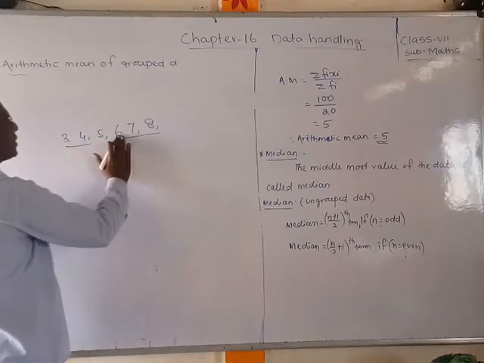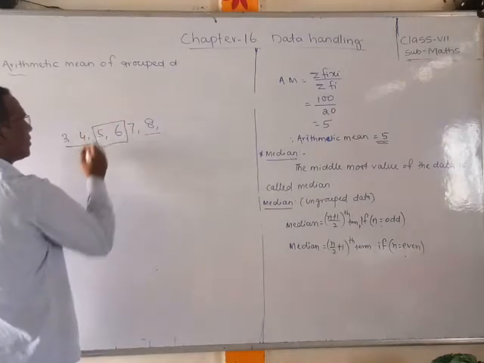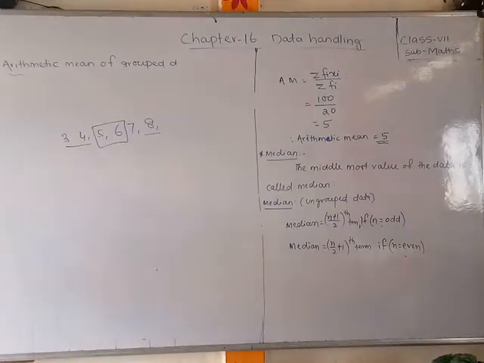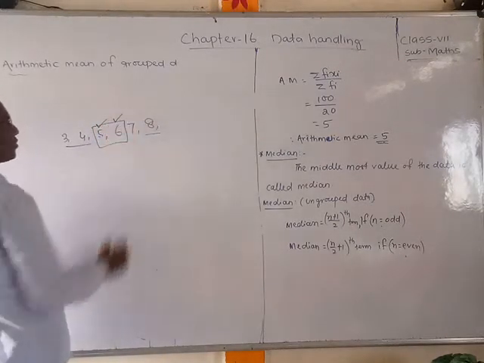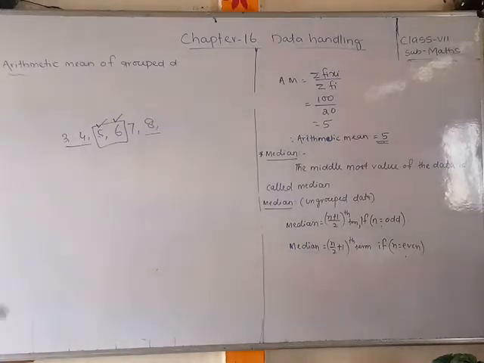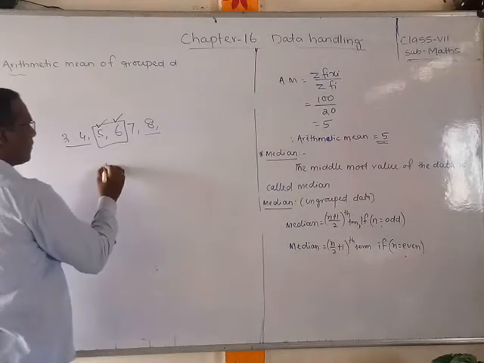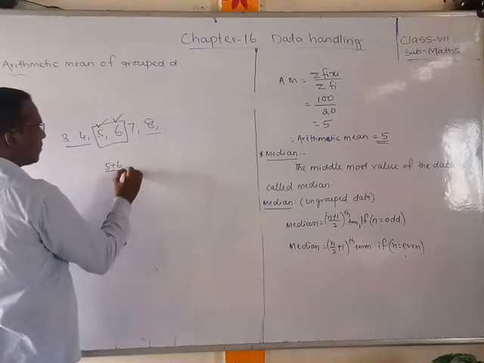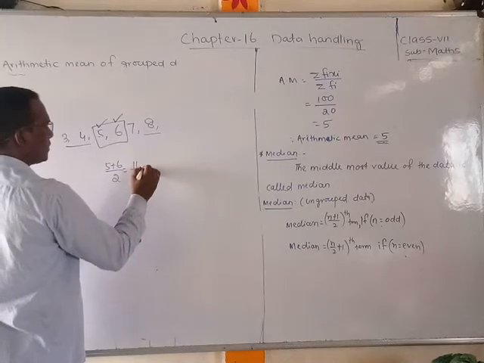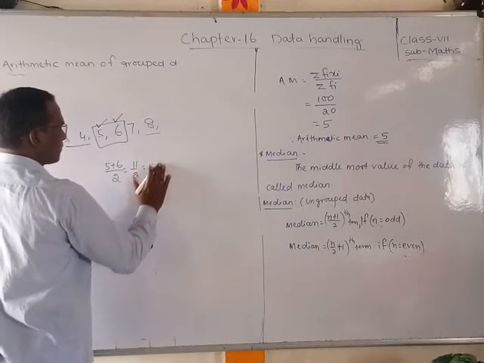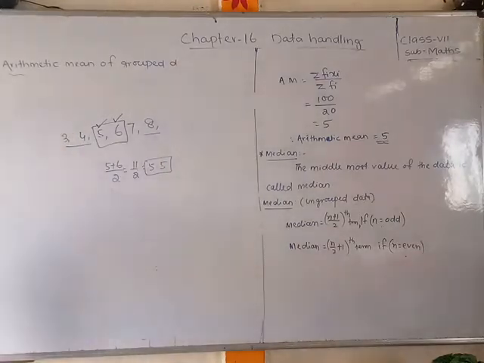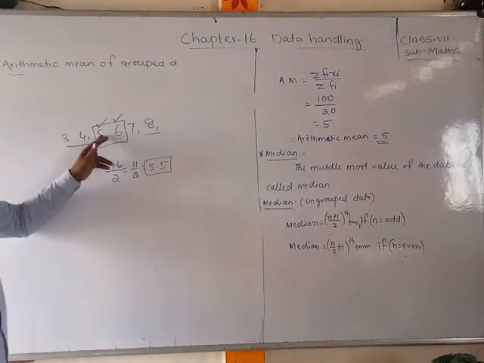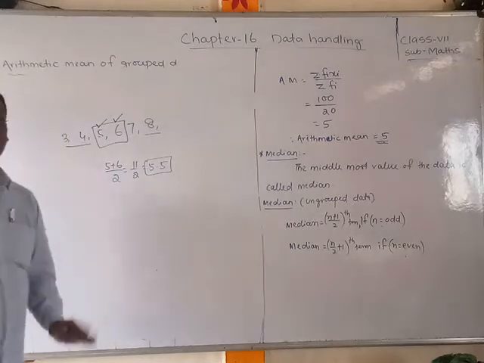If you take the two middle values, then two medians will be there. Yes, of course, students, in this case there are two medians, that means 5 is also a median, 6 is also a median. But what we have to do is 5 plus 6, that is 11 by 2, is equal to 5.5. This is called the median. Otherwise we can say 5 and 6 are the medians of the data.